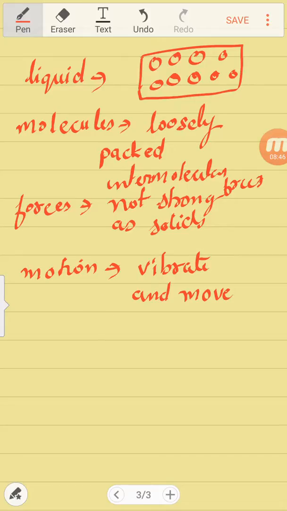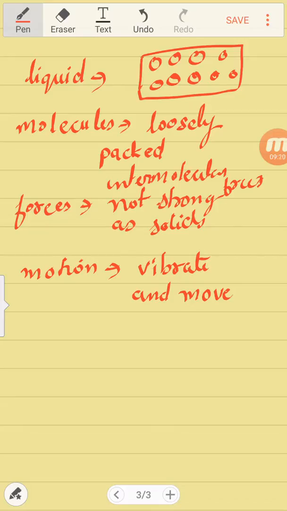Definitely you know liquid can move. It will make sound also, it will move, right? Like when you drop water on a table, when it falls on the table it will make a sound, and it will move, right? And why it will move, I told you, because molecules are loosely packed.